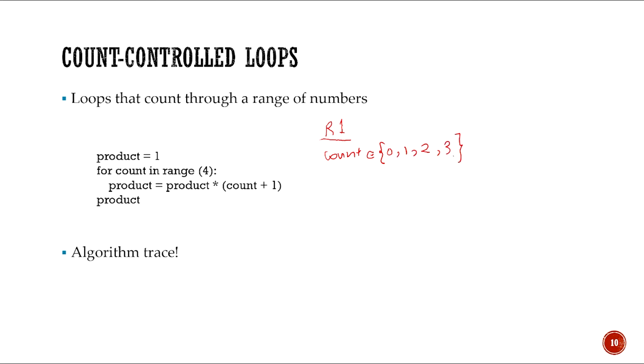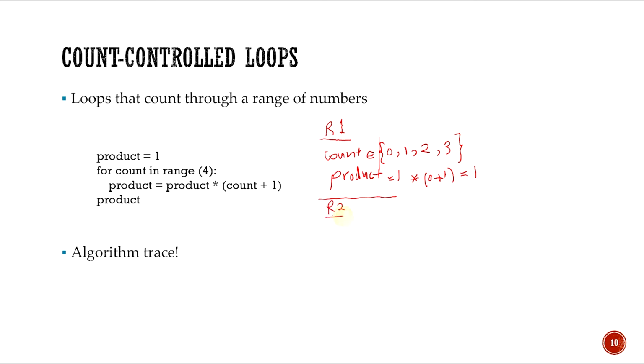So we repeat this 4 times. So in the first iteration, product is equal to 1 times count, which is 0 plus 1. So 1 times 1 is equal to 1. This is the end of the first iteration or first round.